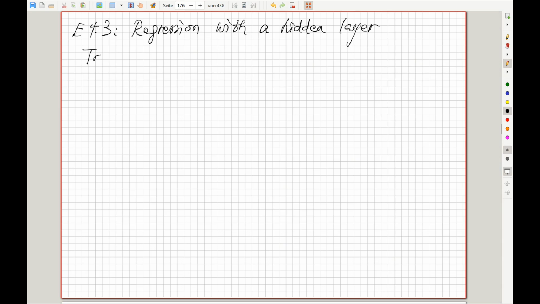So assume the true function to be approximated is a very simple scalar function given by f0 of x. It maps a real-valued input to a real-valued output, one input and one output. And what is the training data set?